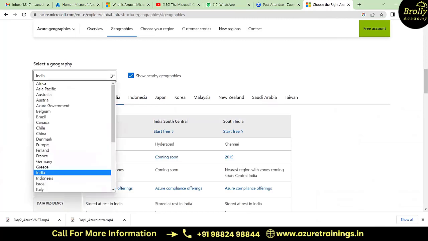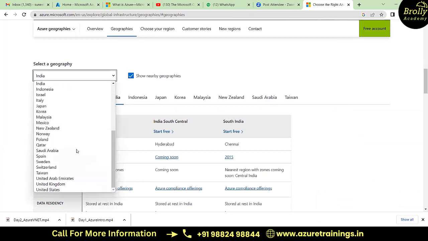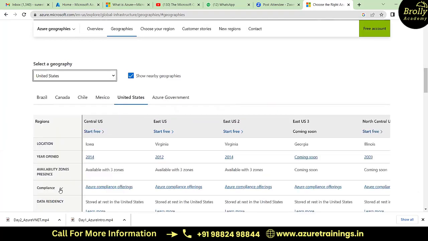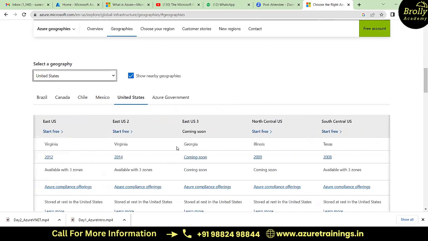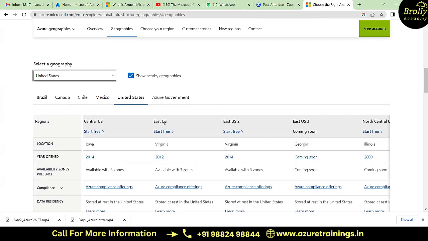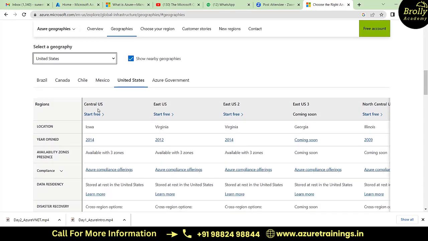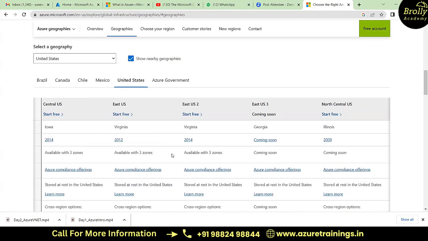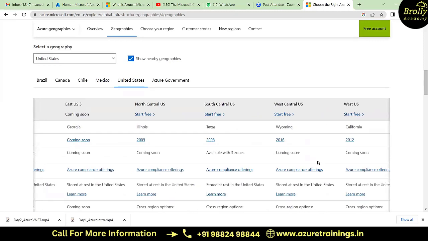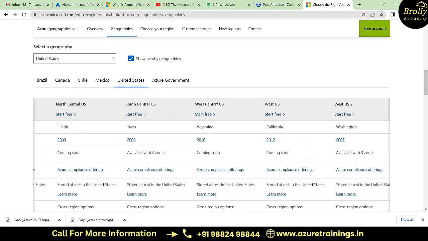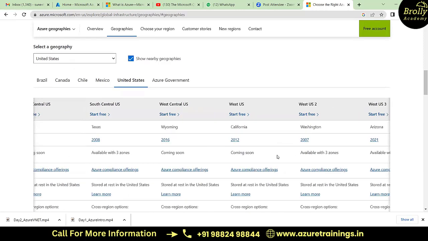If I go to the United States, there are so many regions like Central US, East US, East US 2, East US 3, which is coming soon, and Central US again. These are all the regions in a geography. Central US is available with three zones, East US is available with three zones. There are so many regions coming soon, like West Central US, West US.